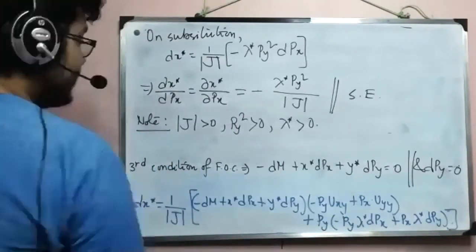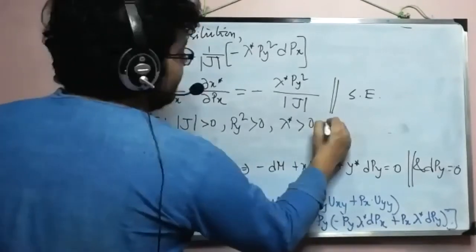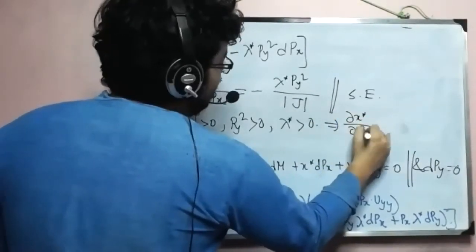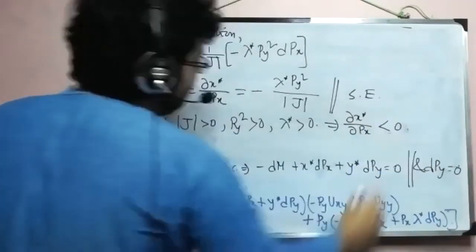So that essentially means that we have del x star del px negative.